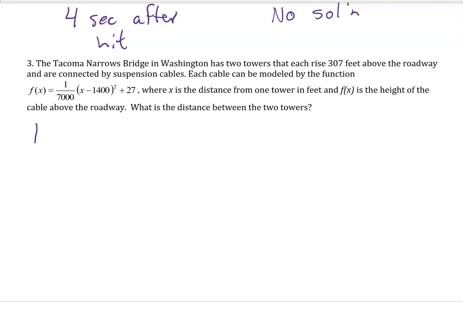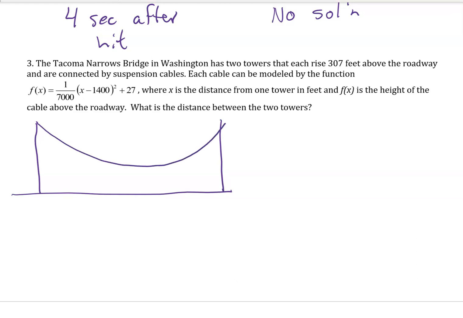Well, first let's draw a picture. That's not great. Let me draw a better picture. So here is our tower, 307 feet high on each end. Here is our beginning, x equals 0.